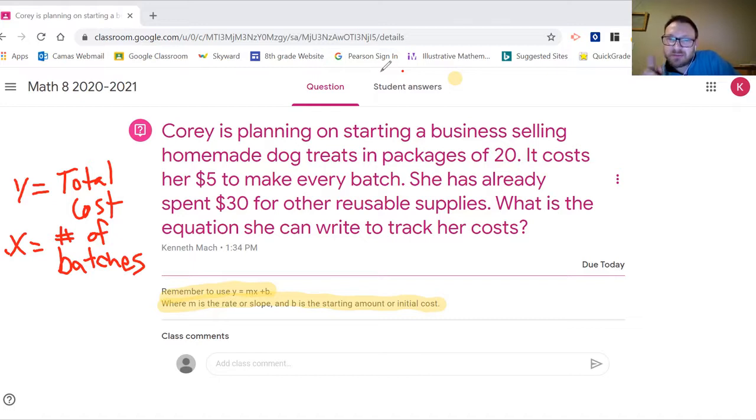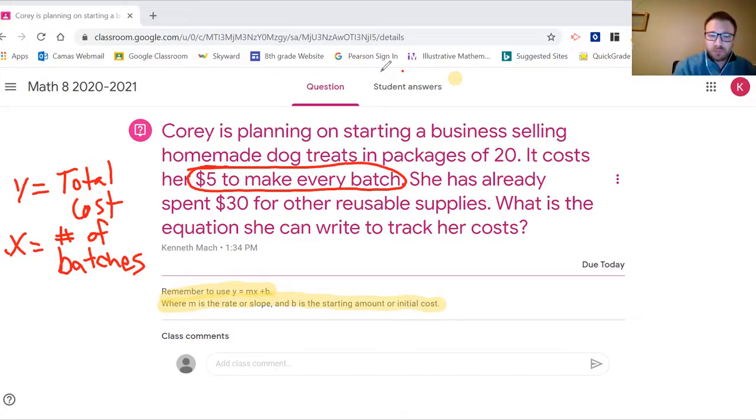Now, see that right there, that is your rate. The $5 to make every batch, that is your rate. Let's say she makes 2 batches. That costs her $10, plus she's already spent 30. So now she just spent 40 bucks. And look at that, we've got our equation.